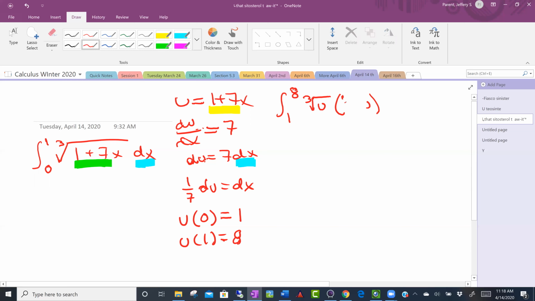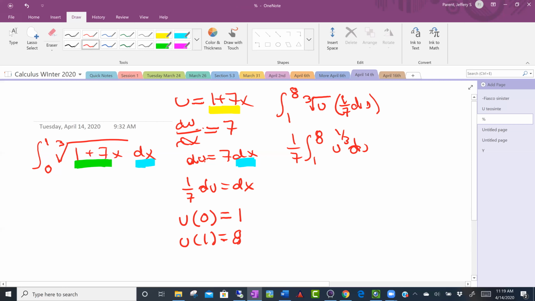Now that 1/7 can come out in front. 1 to 8. What am I going to do with the cube root of u? U to what power? 1/3. Good, U to the 1/3 power.